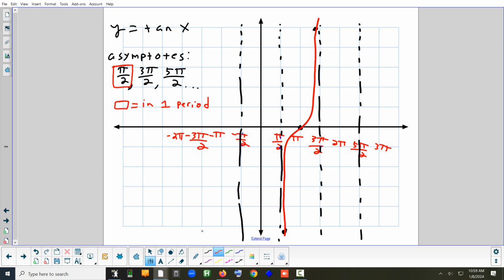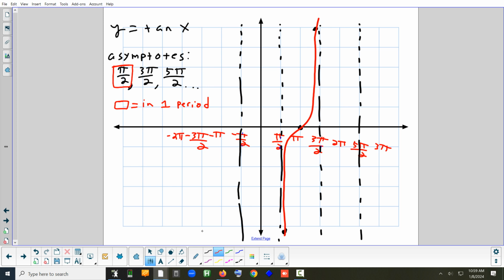If you know where one of them starts, then all you have to do is keep adding pi to it, and you'll get another one. Okay? Or in other words, if you add 180, you get one at 0. You get one at 90, 270, and then just keep adding 180, or subtracting 180.